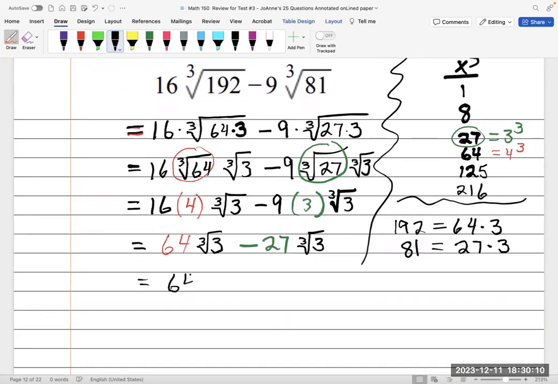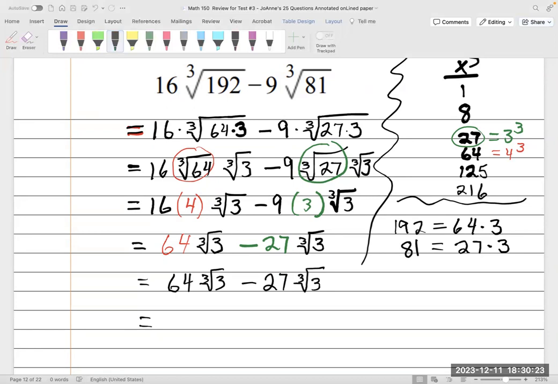So I'm looking at 64 cubed root of 3 minus 27 cubed root of 3. Because my radicals are exactly the same, I can factor them out. 64 minus 27 times the cubed root of 3.